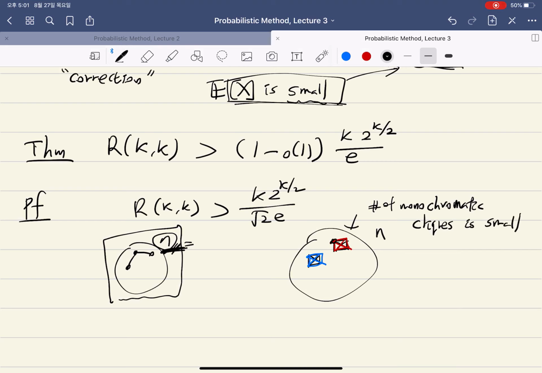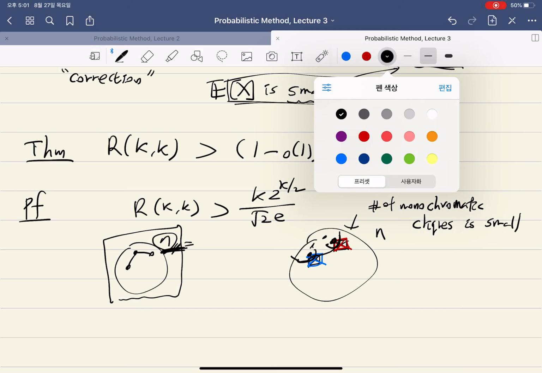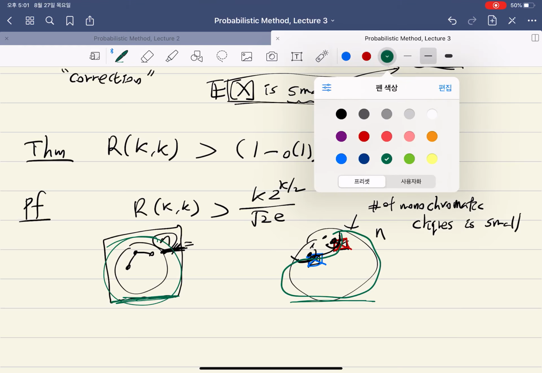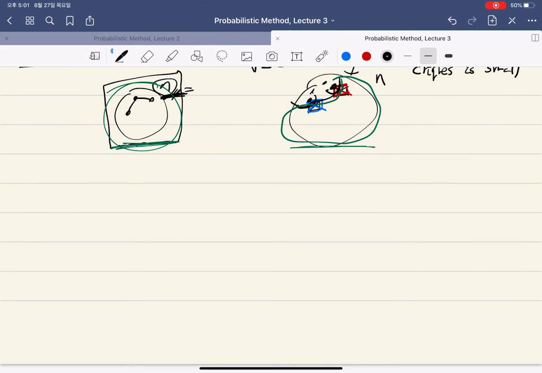Then we can manually delete vertices to kill all the monochromatic cliques and then see the remaining one. If this remaining one gives you a bigger graph than before, then we actually gain. So that's our plan.